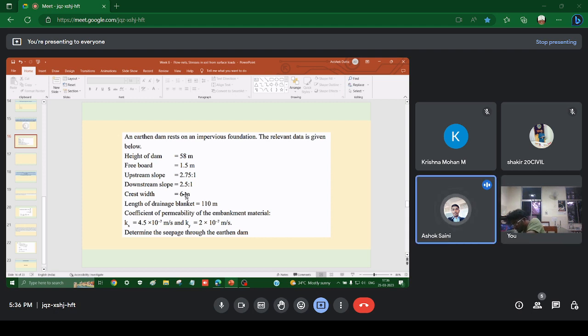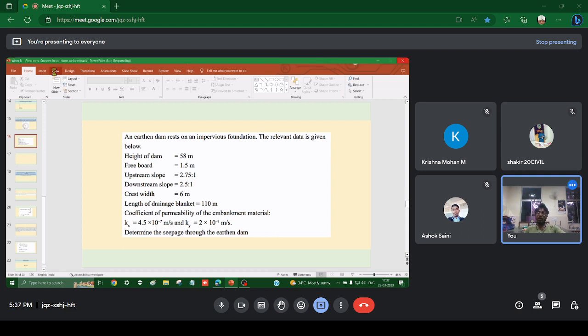Sir, in this question, number of equipotential lines, number of flow lines you don't need. Actually, there's a different formula for this. When you are calculating the seepage of an earthen dam, I'll just tell you those things which you don't know, because height of the dam you can find. You know what is the height of the dam, what is the freeboard. Upstream and downstream, the slope is given. Crest width, I guess you know what the crest width is.